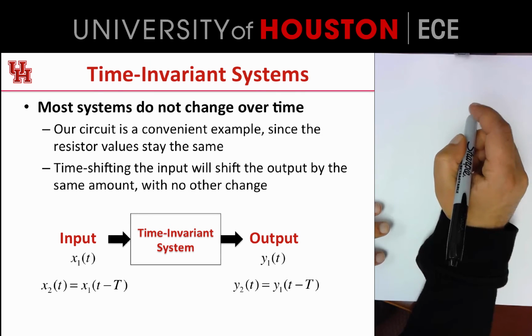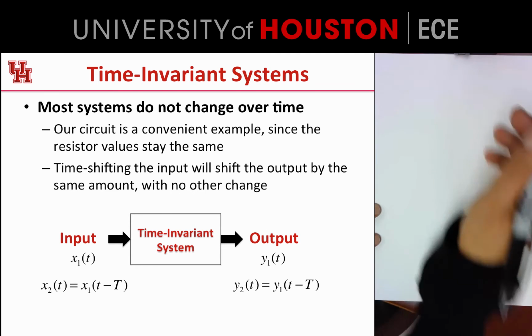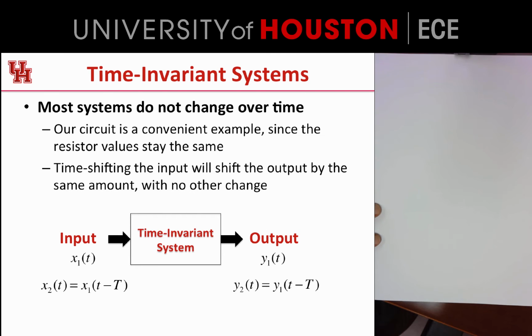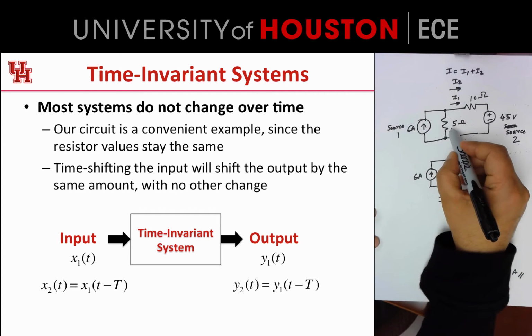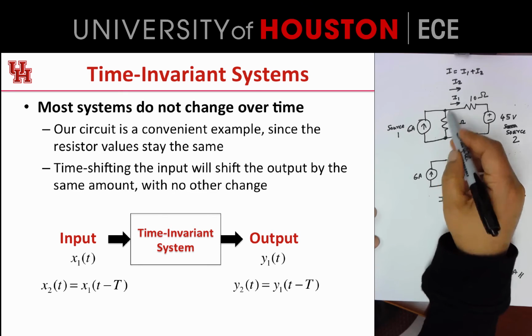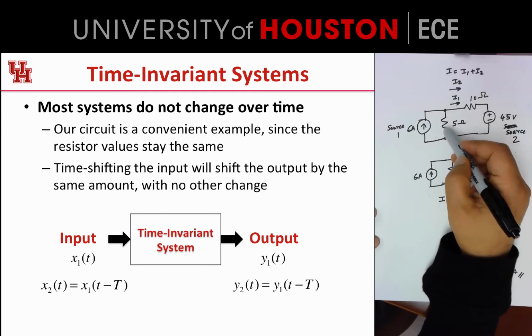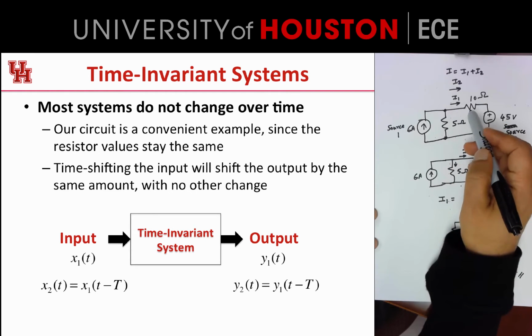Now, there are a lot of systems that don't change over time. The circuit that we were just playing with is an example of that. This resistor stays the same, this resistor stays the same. So basically the system response stays the same. And this is typical. Once you build a system, it just doesn't change unless it's damaged or it burns out or something, it stays the same.